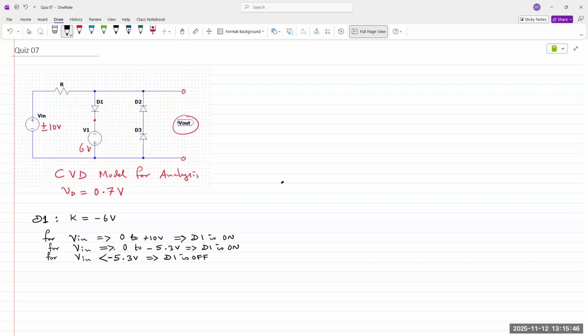Now, if it's on, and you can think of your questions, I'm just going to draw this out. Hence, plus minus 5.3 volts between the two.